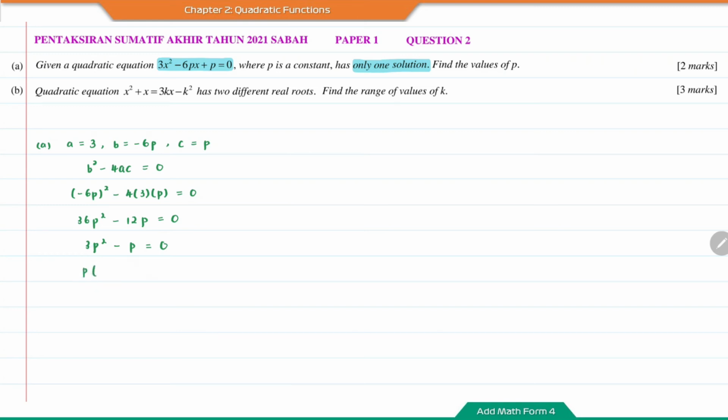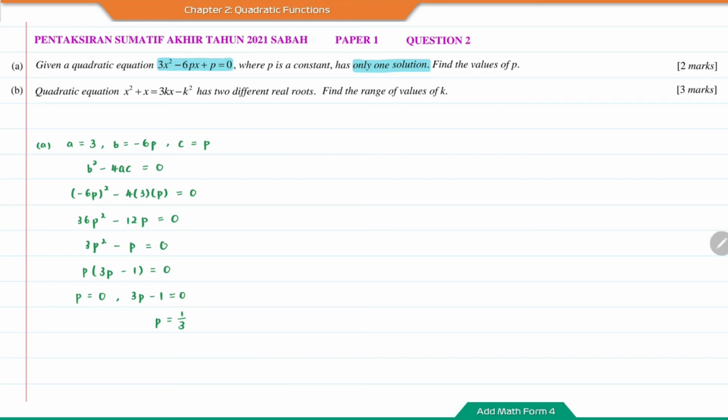I'm going to take the p and put it outside the bracket, so here I'm going to have p times bracket 3p minus 1 equal to 0. The first solution is that p is equal to 0. The other one will be 3p minus 1 equal to 0. Therefore, p is equal to 1 over 3. That will be the value of p for question A.